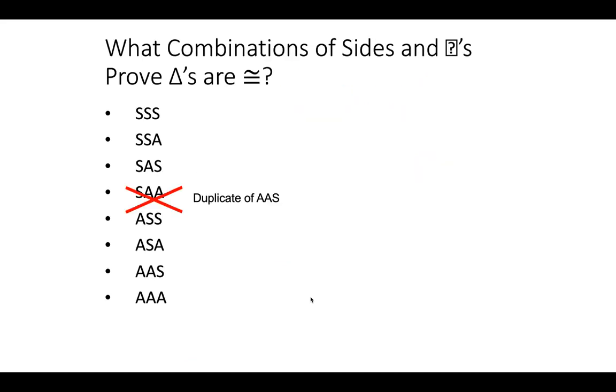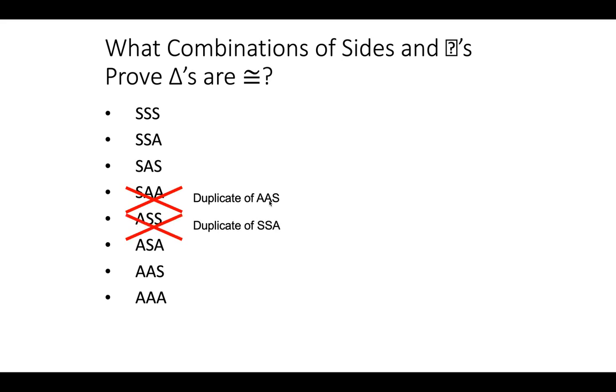Yeah, let's do this. So these are kind of the different ways that we can arrange these. So we have this is the same as AAS. It doesn't really matter which one you do. So usually we say angle angle side, but if you wrote side angle angle, it's fine.